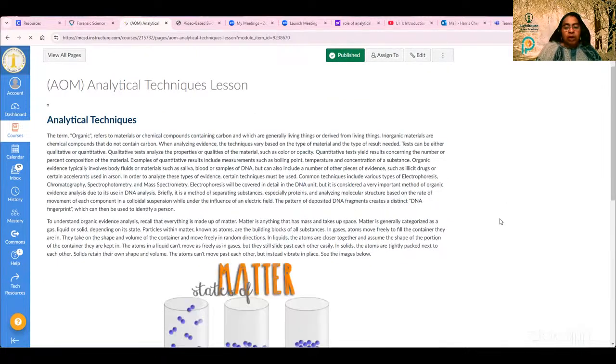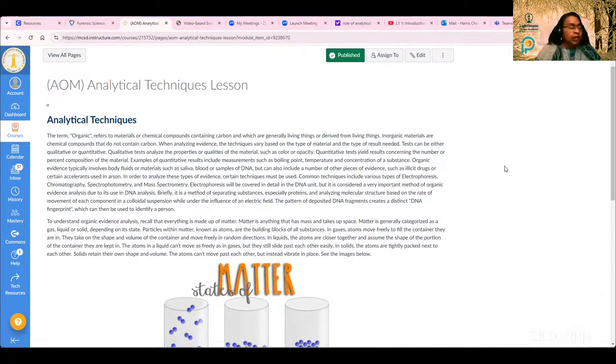When we're talking about chemistry, there are two types of ways that you study: you study organic materials or you study inorganic materials. When we're talking about living things, we're talking about compounds that exist in organic materials. Since forensics is usually looking at what happened to a living thing, we are more focused on organic chemistry than inorganic.